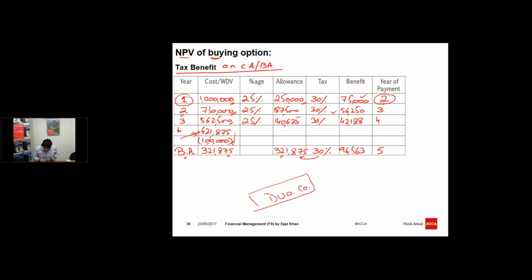So the tax authorities will not allow the whole of the WDV 421,875 as the balancing allowance. So first they will deduct the scrap value from 421,875. Then the rest of 321,875 will be allowed as balancing allowance. So they will allow this as a tax expense, as a tax depreciation for the last year, and on this they will give us 30% relief, that is 96,563.